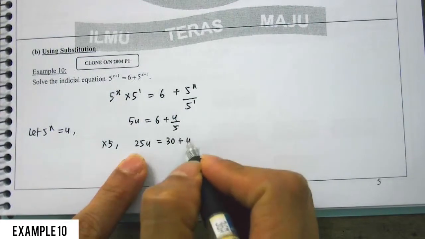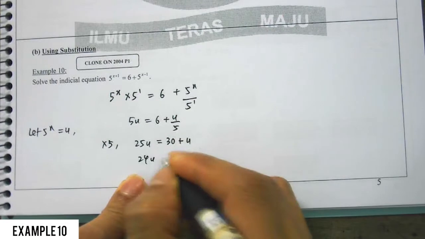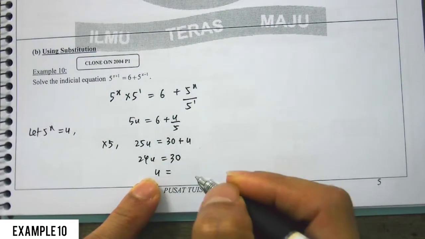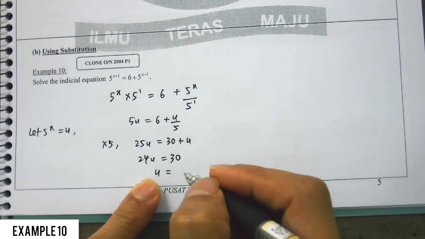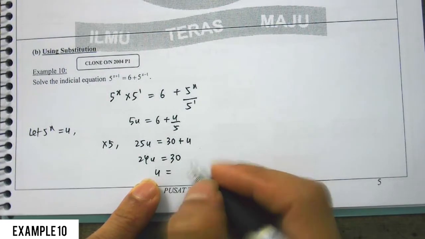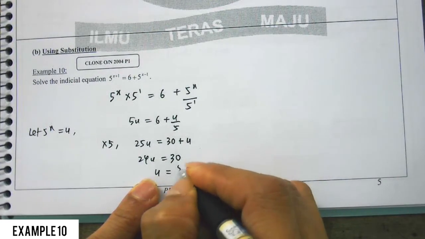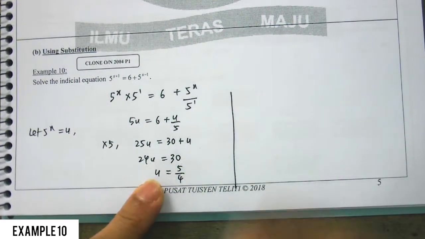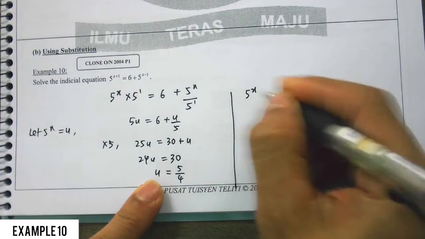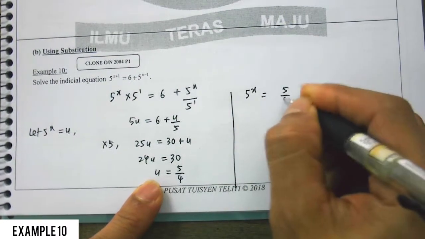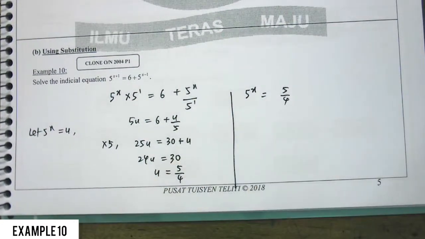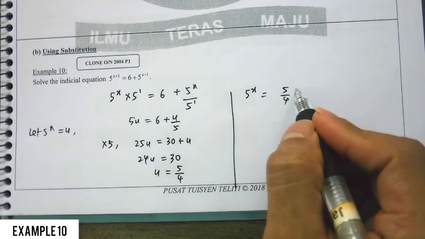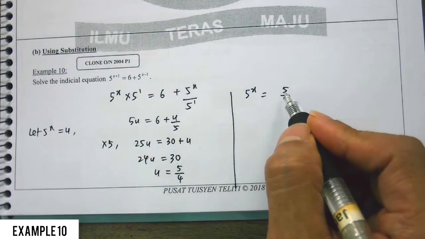Next, I bring this over. This will be 24u equals 30. u equals 30 divided by 24, which is 5 over 4, right? Now, u is 5 power x. This is 5 over 4. We cannot solve this, right? If I get 5 power x equals 25, yes, then I can change 25 to 5 power 2.